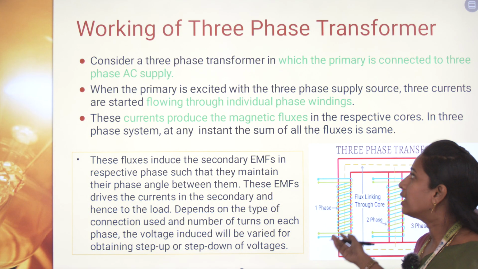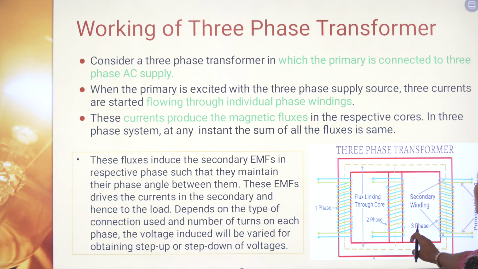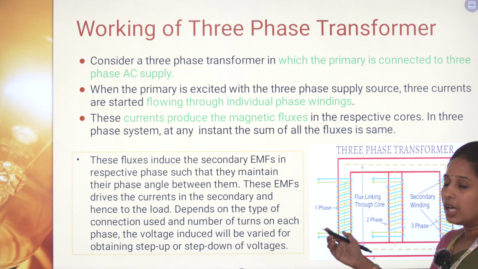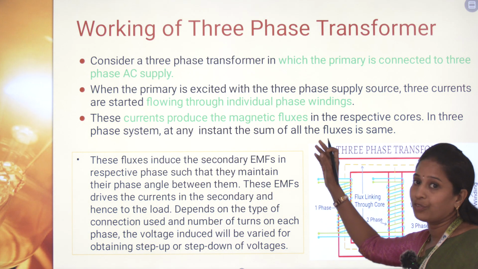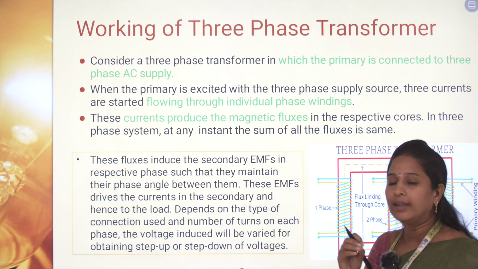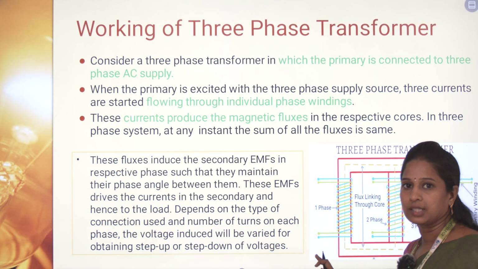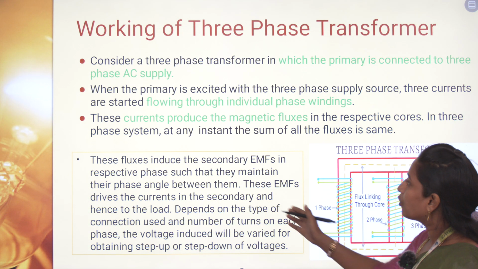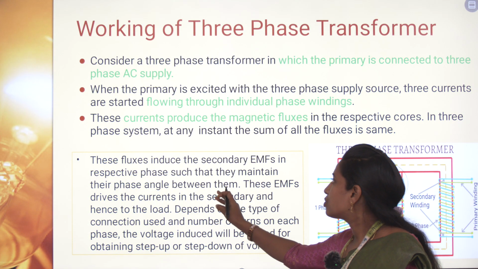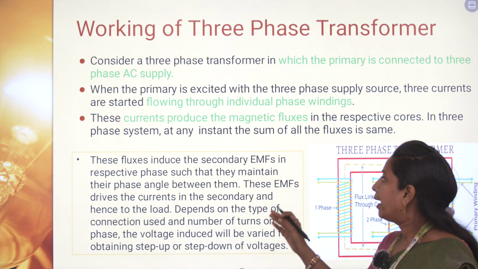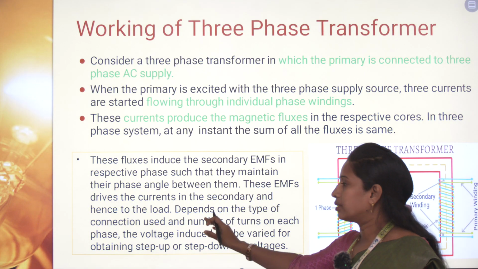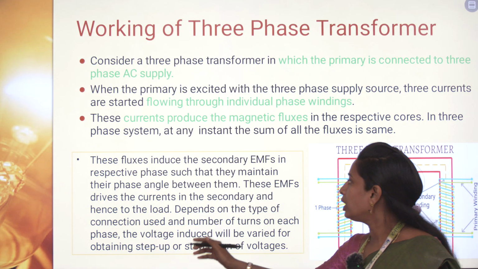When the primary is excited by the three-phase supply source, three currents start flowing through the individual phase windings, and these three currents produce magnetic fluxes in the respective cores, so that in the three-phase system at any instant the sum of all the fluxes is the same, and the fluxes induce the secondary EMF in the respective phases such that they maintain their phase angle between them. This EMF drives the currents in the secondary and hence to the load as well.